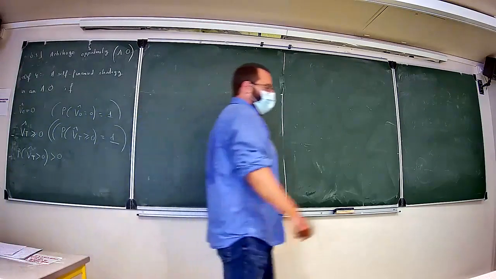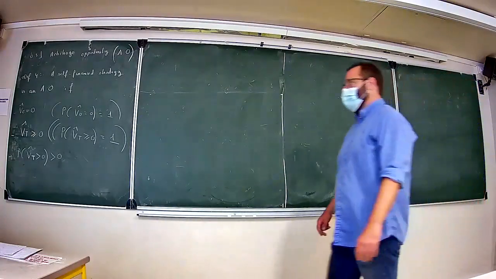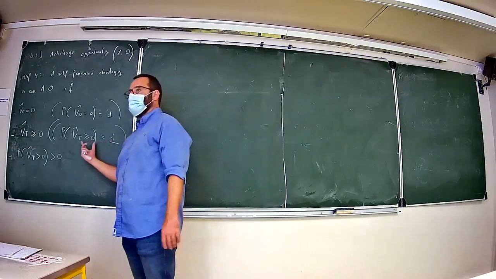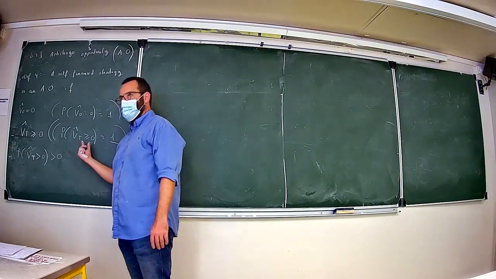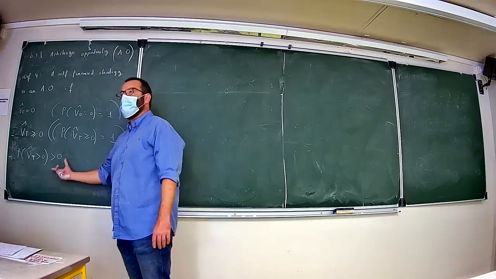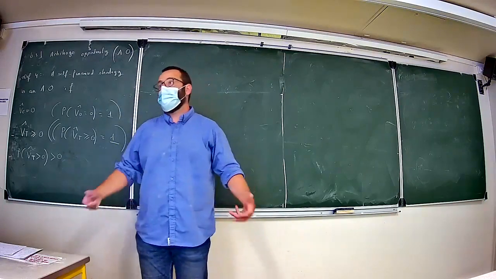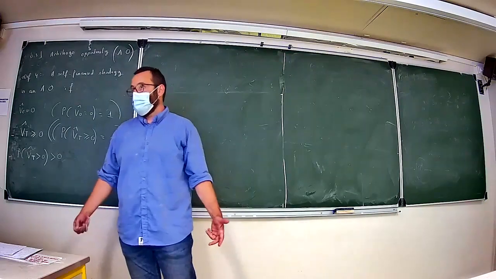But the last condition is a real condition. I am always positive in the large sense, but I want to be strictly positive with a probability that is strictly positive. So it means that I don't want to be always equal to 0.